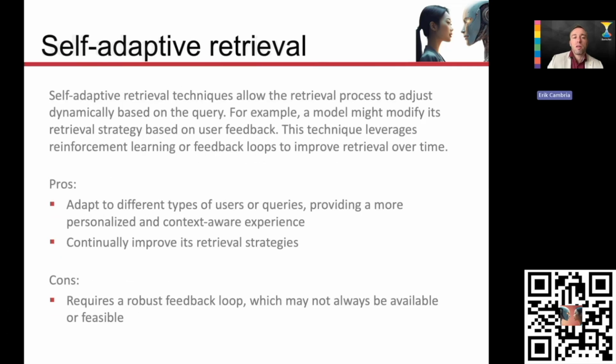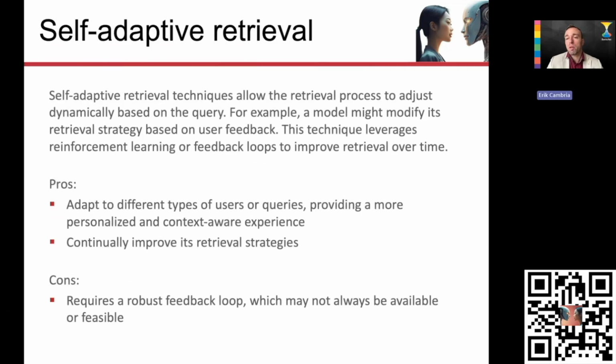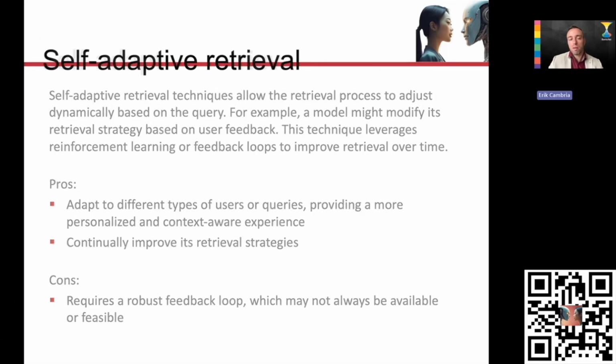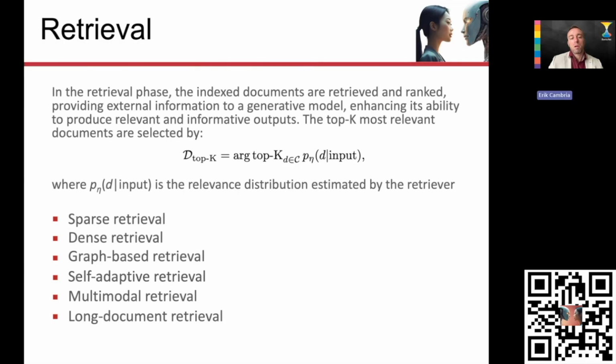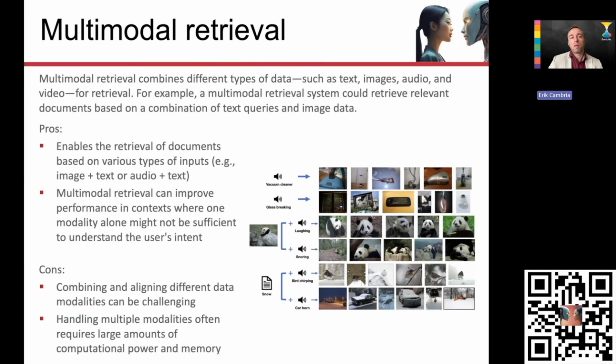Then we have self-adaptive retrieval, which is similar to what we just talked about earlier for indexing. It's kind of a hybrid system that decides what strategy to apply depending on the query, depending on the data that it's handling. Multimodal retrieval is per se a very important branch of research these days, because the data that we work with is more and more multimodal.